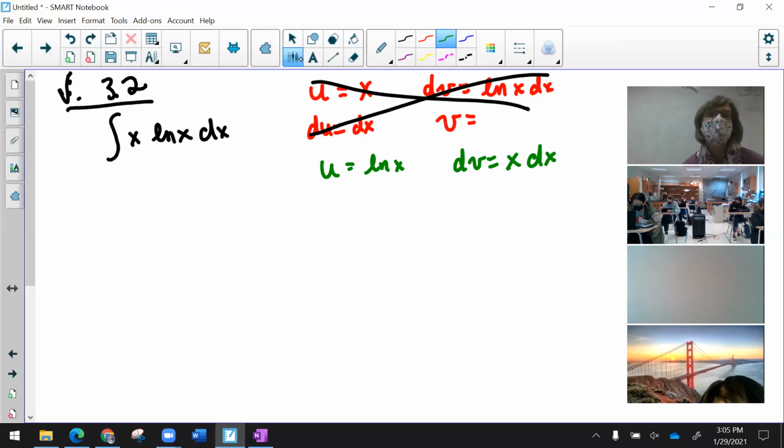Now, omniscient narrator, I know that du is going to be equal to 1 over x dx, which is kind of sort of like a polynomial, right? So it might turn out to be okay. And what's v going to be? Okay, x squared over 2.